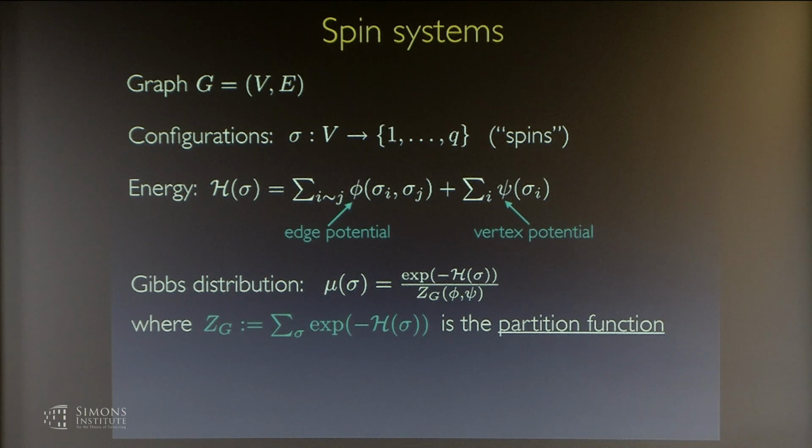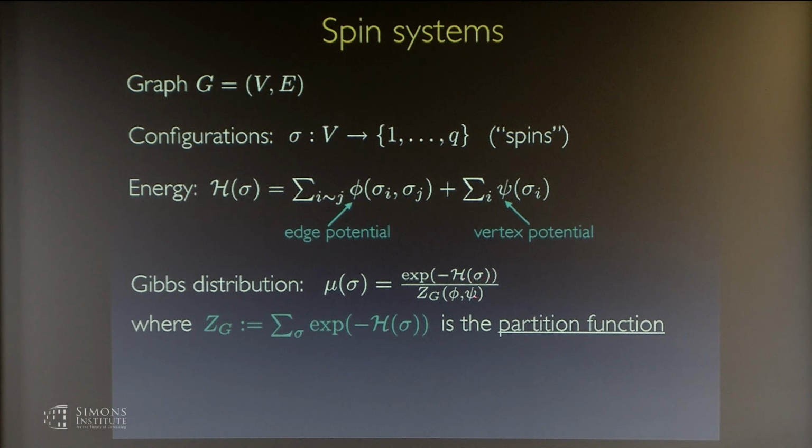In statistical mechanics, the key object is the Gibbs distribution, which I'll call mu, and this assigns to every configuration a probability that depends on its energy. Basically, it's e to the minus the energy of the configuration.